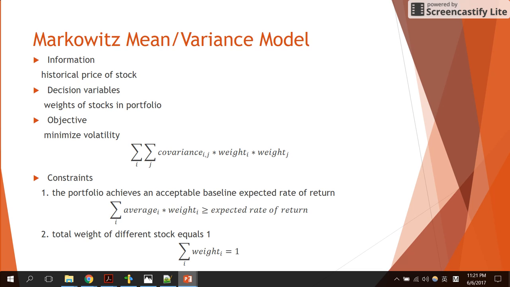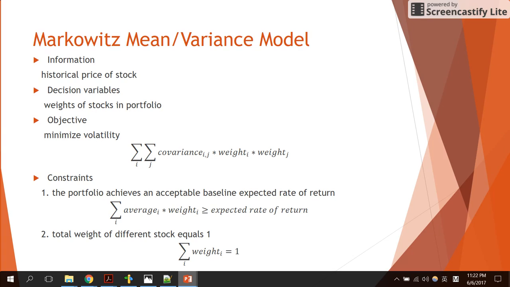The information we know is the historic price of different stocks. Then we can calculate the average rate of return, the variance of each stock, and the covariance between two stocks. The decision variable is the weight of each stock in the portfolio. The objective is to minimize the volatility.